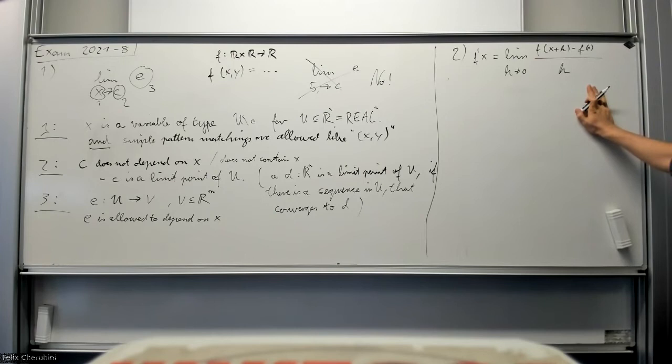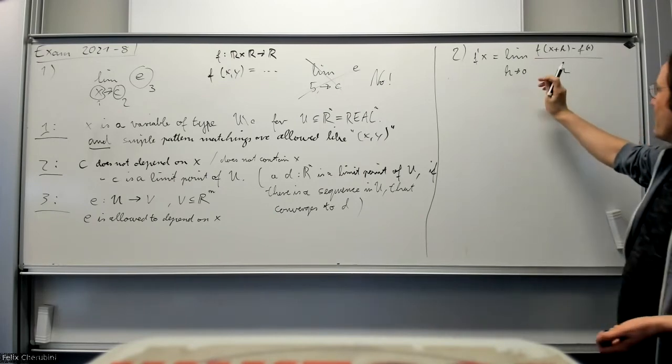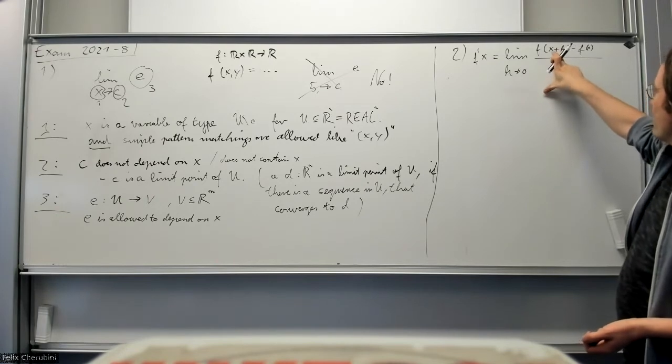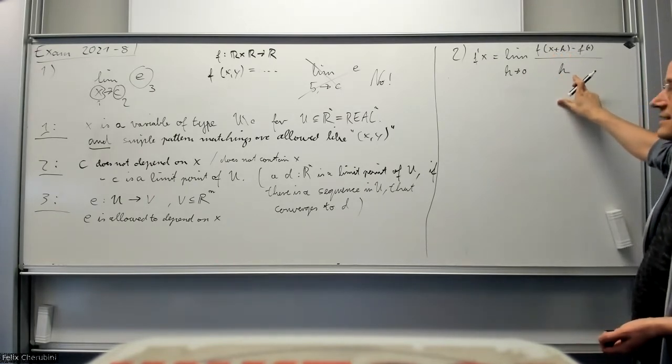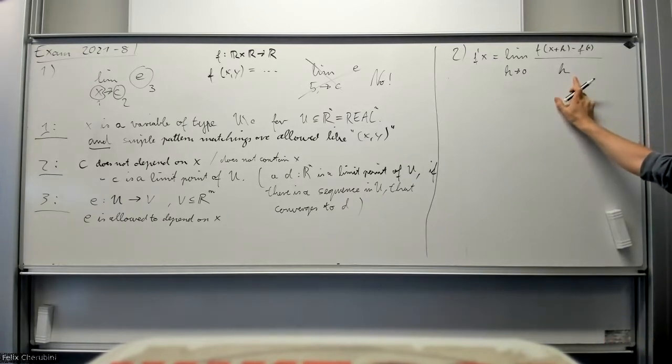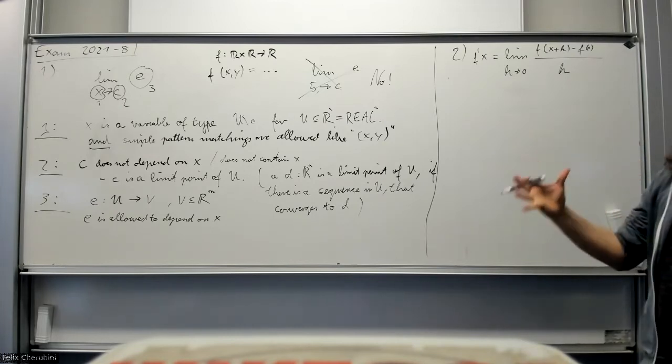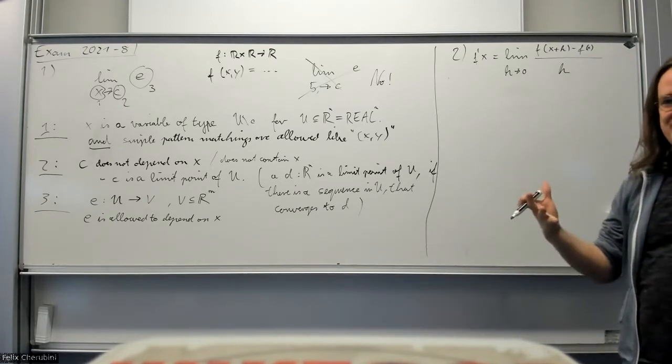Maybe f. Okay, so we plug in values to f and we divide by something. So any ideas how that turns into a constraint of f?